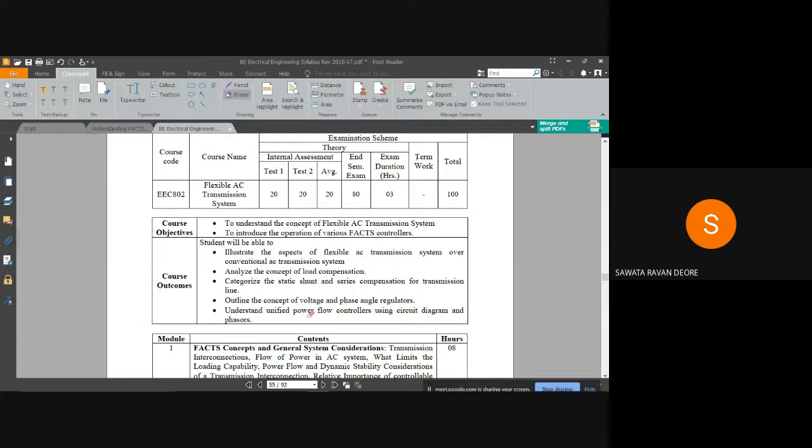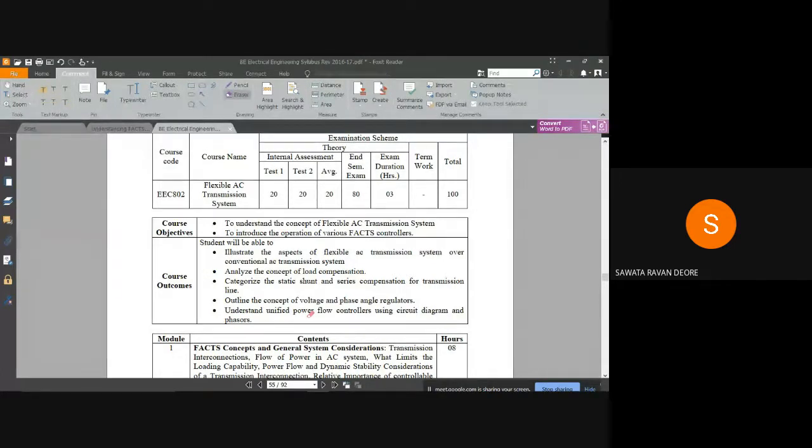So that is improved. Then in the third and fourth modules, we are going to see the specific static series and shunt compensators: how we categorize them, what the different types are, and what benefits we get out of them. All those details we will see in modules 3 and 4.